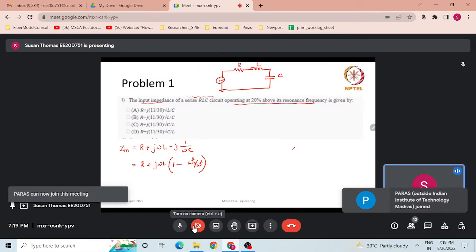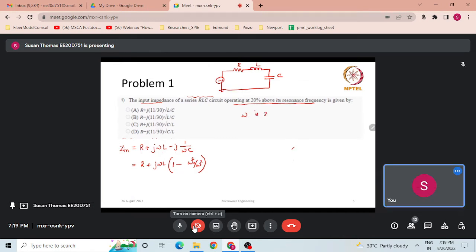When we say the operating frequency omega is 20% above resonant frequency, how do we write omega? 20% above means 120 by 100, so 120 by 100 will be 1.2 omega naught.